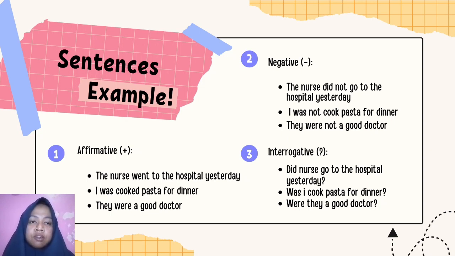They were a good doctor. The next is negative. The nurse did not go to the hospital yesterday. I was not cooked pasta for dinner. They were not a good doctor.